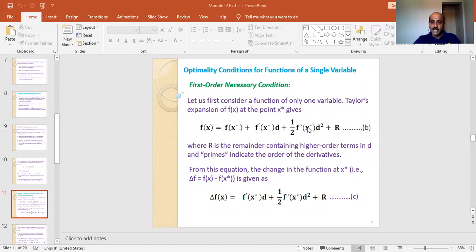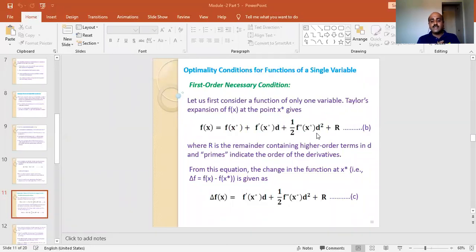This is the Taylor's expansion series for a function of only one variable.